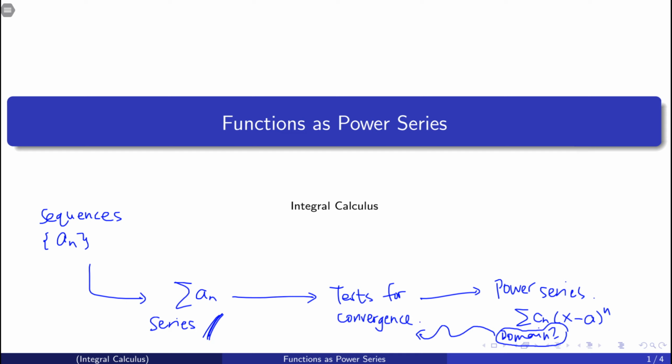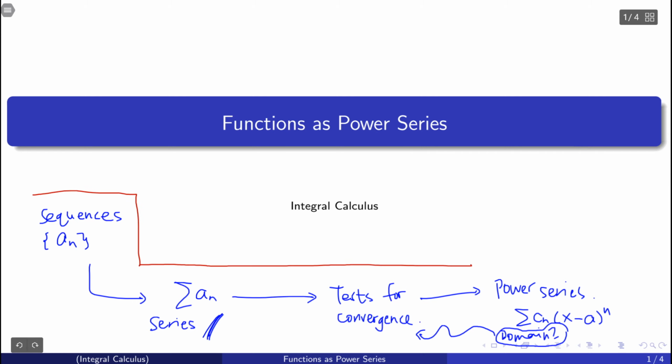Now, what we're going to talk about in the rest of this section is, let's basically try to tie everything together and relate things back to the functions that you know and love that you've seen so far in your calculus courses. Because as it turns out, we've developed all this machinery, from sequences to series and testing them for convergence.